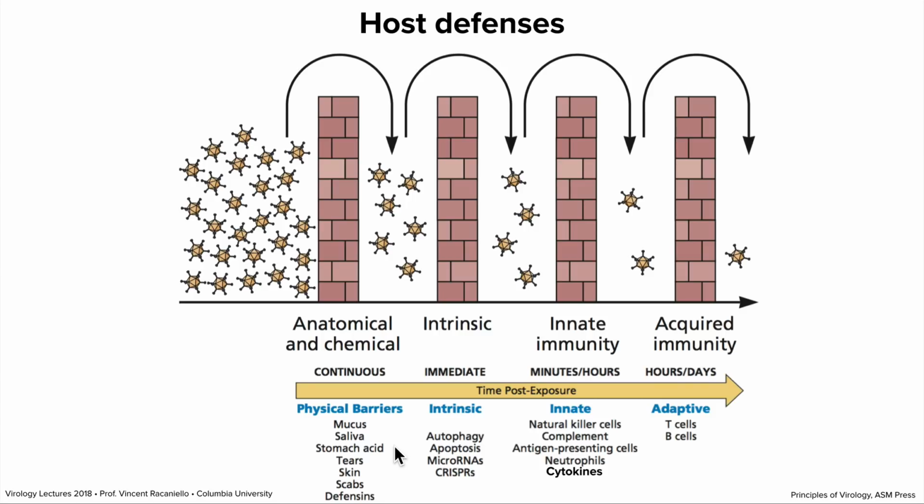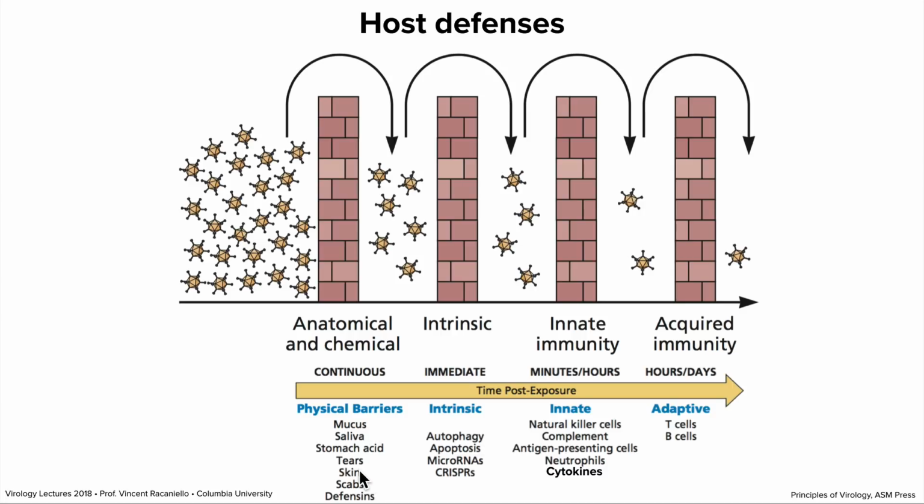And these are all things that are present in us and on us and are aimed at preventing viruses from infecting. So, for example, mucus in our respiratory tract traps a lot of viruses, and we have a mucociliary elevator that brings the mucus from the tract upwards where we can swallow it.